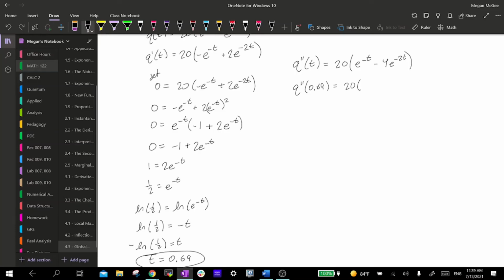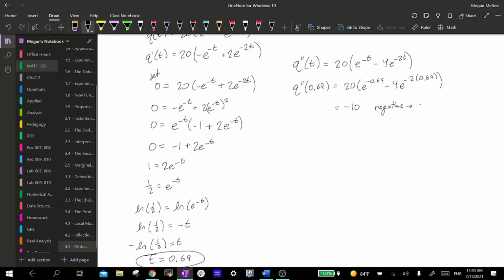So we get 20 times e to the negative 0.69 minus 4e to the negative 2 times 0.69. This gives us about negative 10, which is negative.